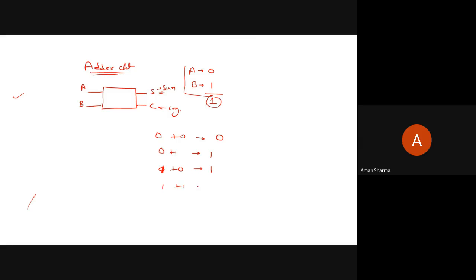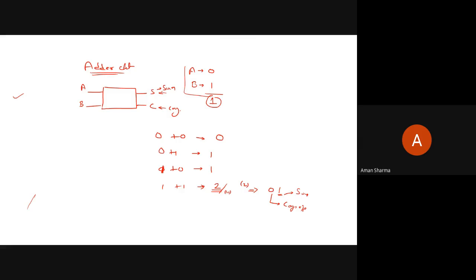Then 1 plus 1, if we were talking about decimal, would result in 2. But as we are not talking in base 10 but in base 2, binary digits, this will come as 1 0, where the digit at the LSB position goes to the sum output, and the other goes to the carry output.